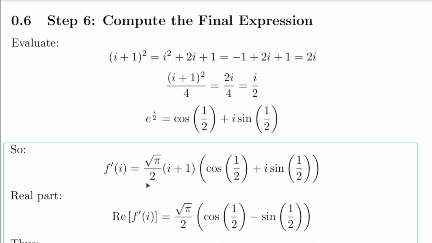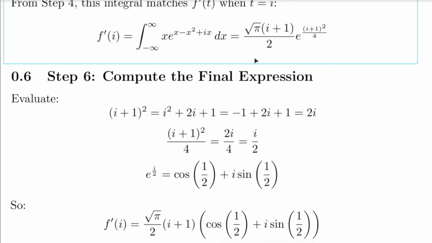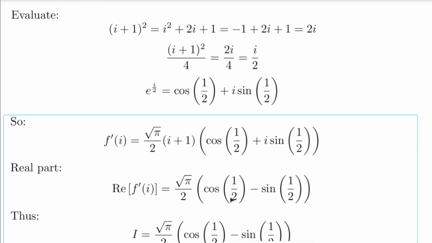We have f prime at i is equal to, again, this thing evaluated at i, and then we need to take the real part. So what we get when we take the real part, if we expand this out, is just going to be square root of pi over 2 times the expressions that will be real.